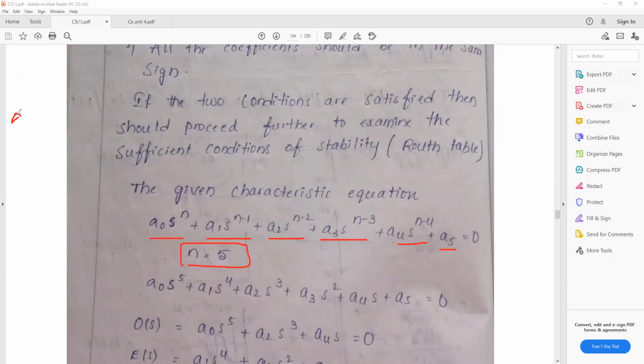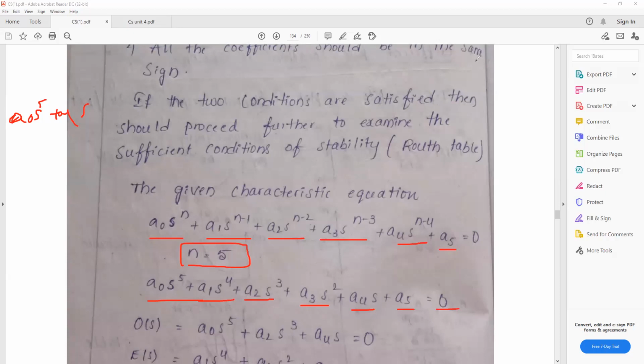So construct the characteristic equation: a naught s power 5 plus a1 s power 4 plus a2 s power 3 plus a3 s square plus a4 s plus a5 is equal to 0.